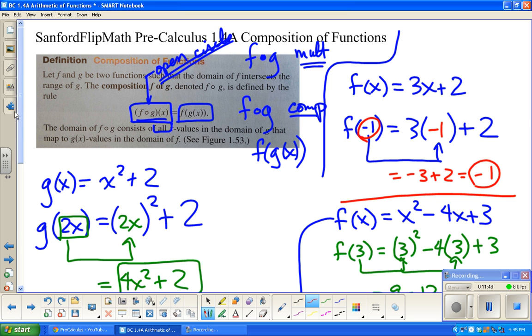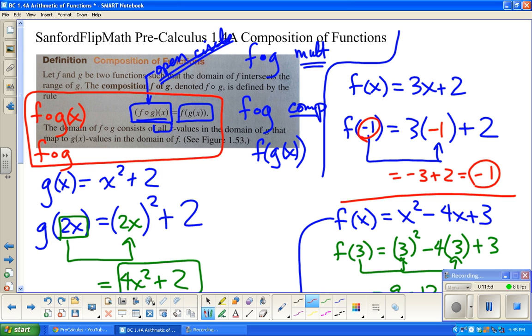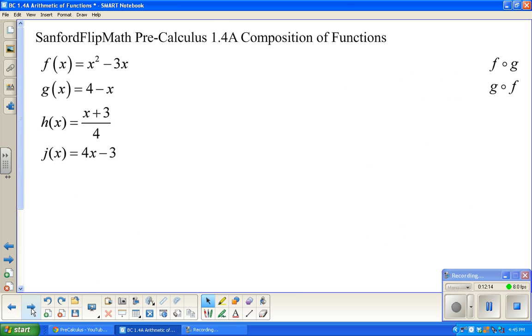And there are some variations on this. It can be f of g of x, which means the same thing, or just f of g means the same thing. All of these notations mean the same thing. Not a big concept, but it's not trivial either. And let me just say, people make mistakes when they start going too fast. All right, let's do some more examples here.